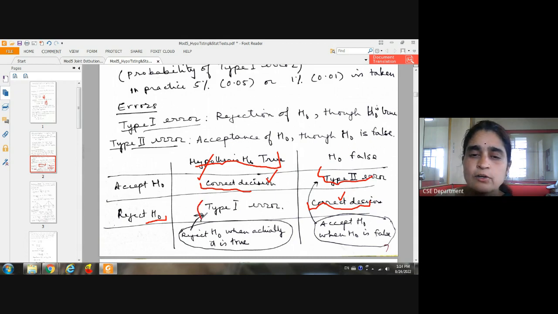Type 1 error: the hypothesis is true, the company was correctly saying 800, but in our sample it comes a little less, and if you get angry and reject it, you have done a type 1 error. Type 1 error means though it is true, you have rejected it. So this is type 1 error and type 2 error. This table you will need to know, they ask. So these are the types of errors.